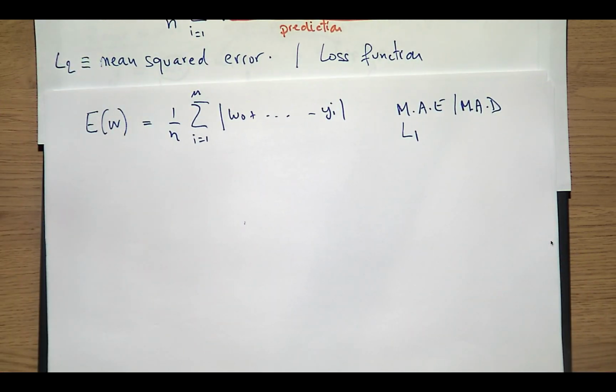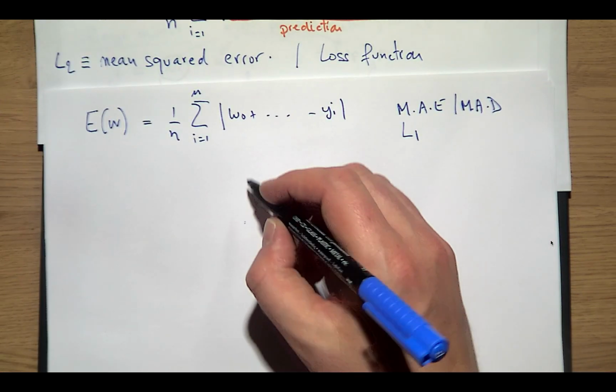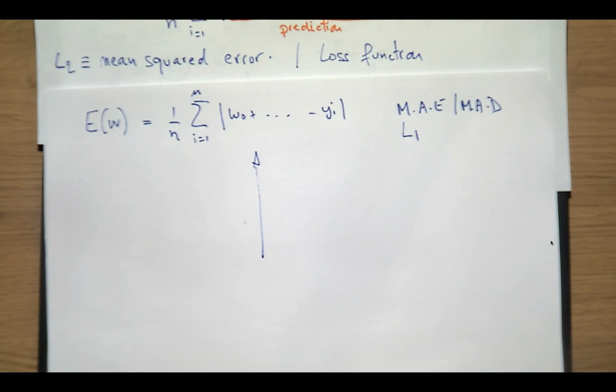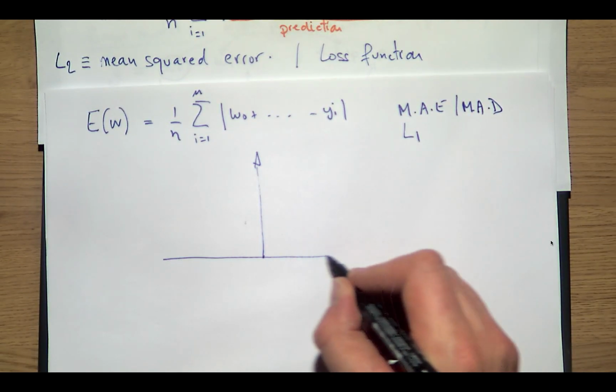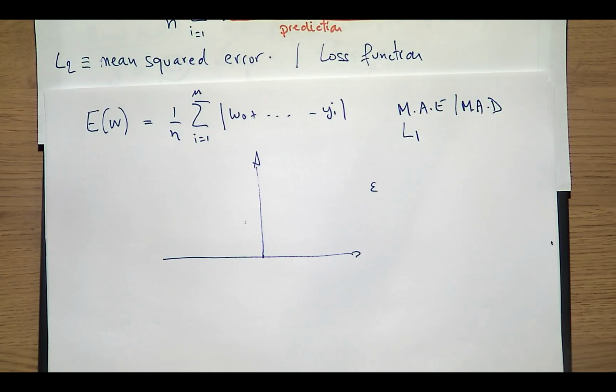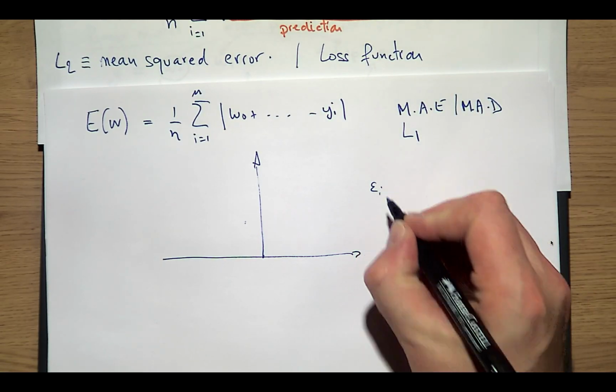This is a bit of a digression, but let's look at what's happening in terms of the error. If you just look at one point, I'm looking here at one epsilon among all the errors I had, so let's say it's epsilon i.